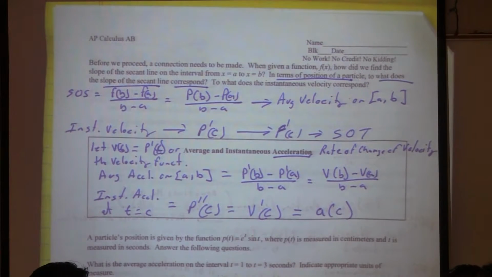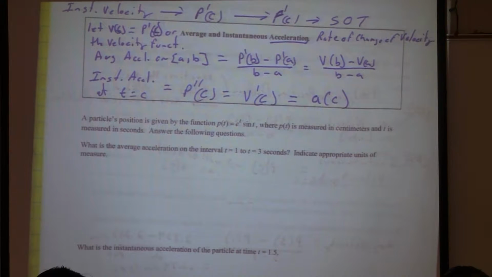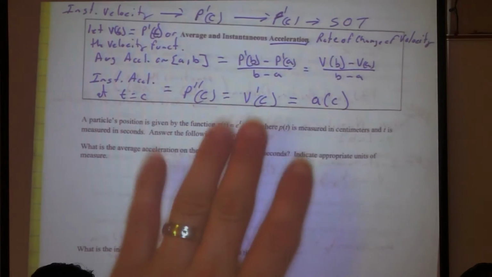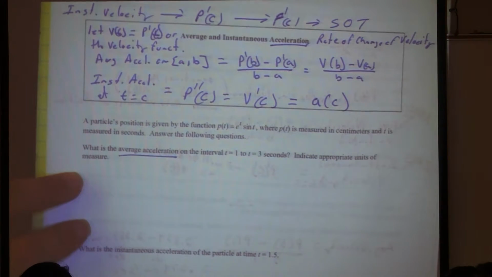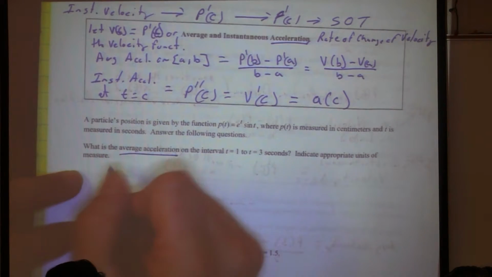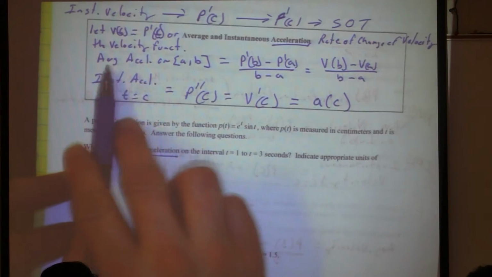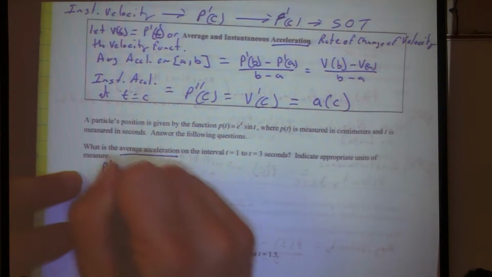Alright, so let's see if we can find those two accelerations, the average and the instantaneous. You ready? We're still using the same function that we were using earlier, with the same units, but now instead of average and instantaneous velocity, we're finding average acceleration. So how do I find average acceleration? I need p prime of b. So first you have to find the derivative. Do we know p prime of t already?